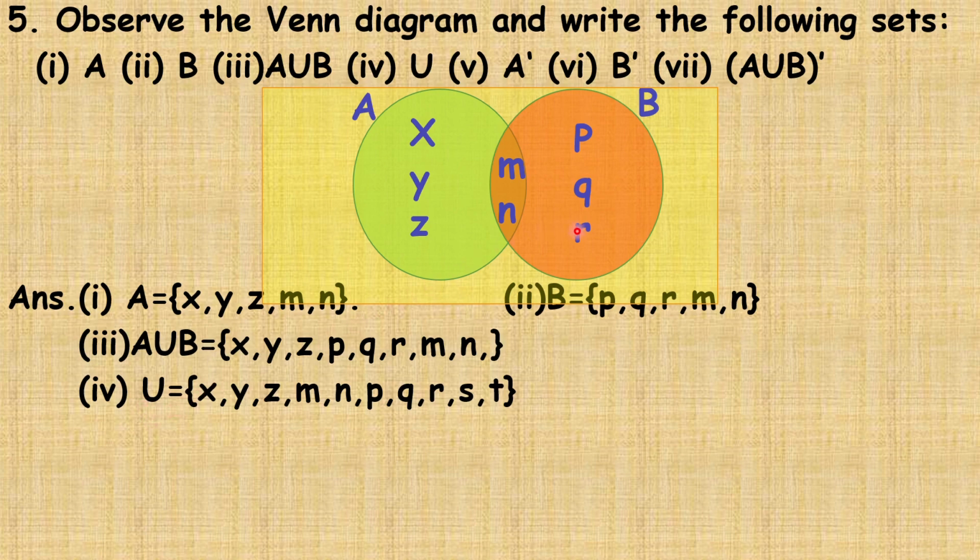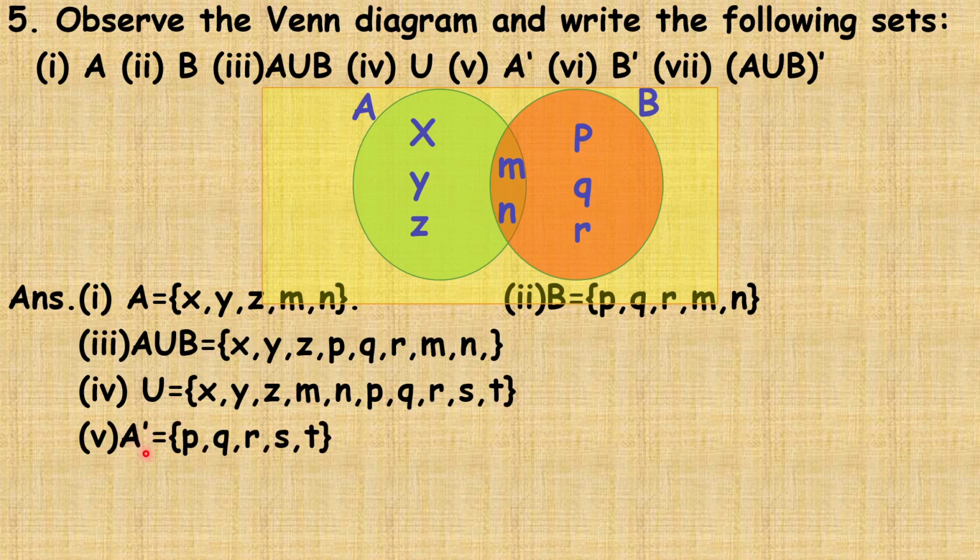The elements of the universal set are X, Y, Z, M, N, P, Q, R, S, T.